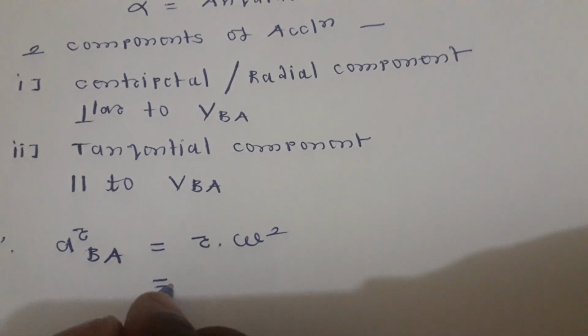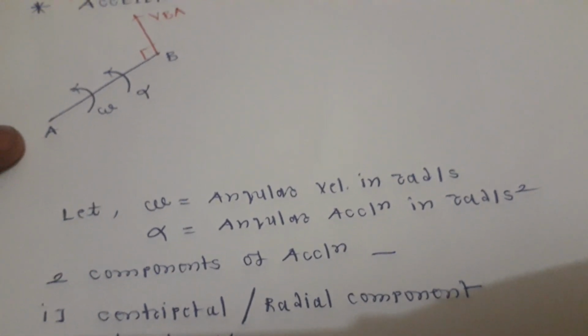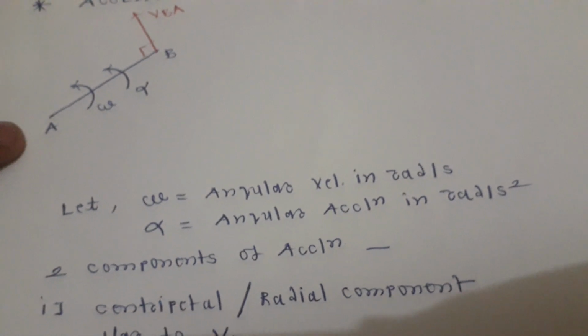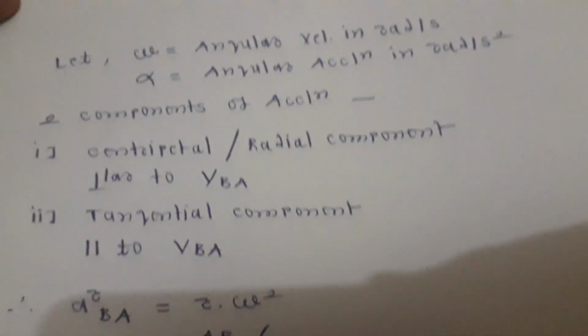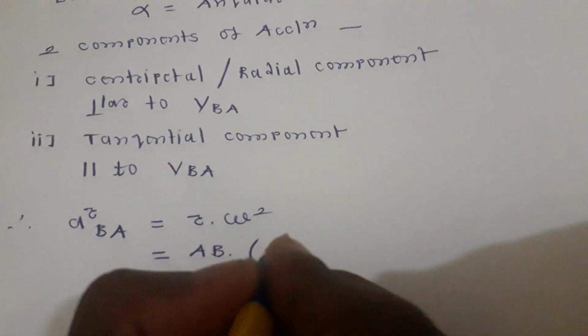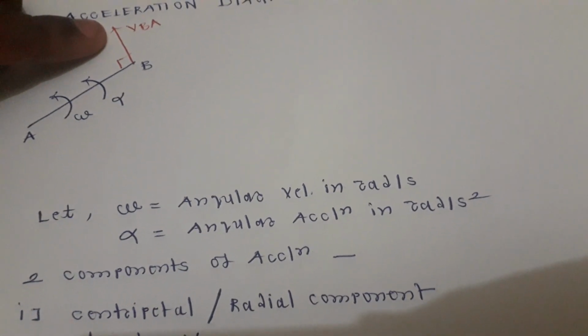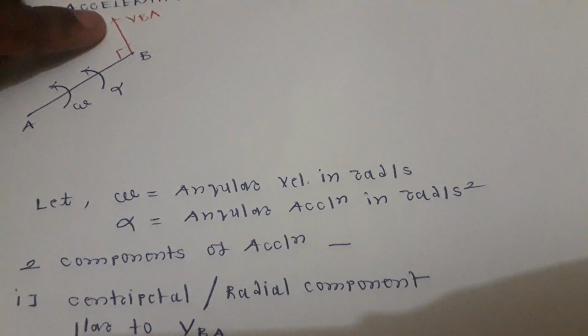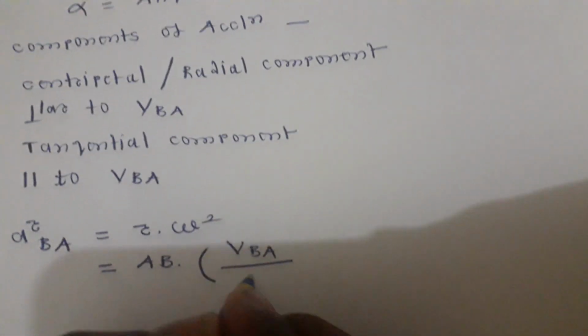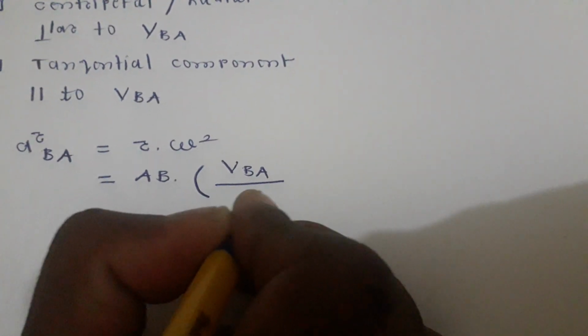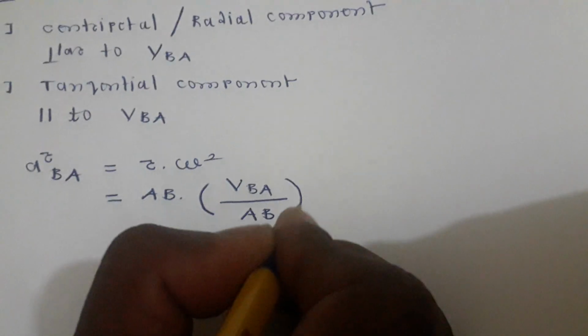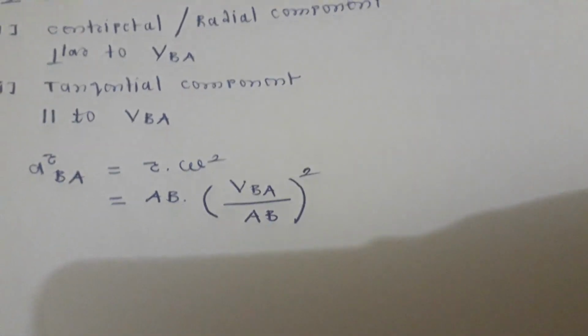Here r stands for the length AB, and omega we can find out in terms of the linear velocity of B with respect to A divided by AB, whole square.